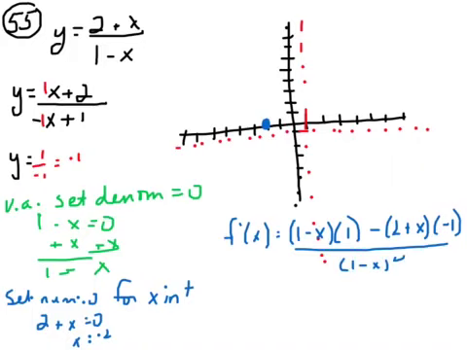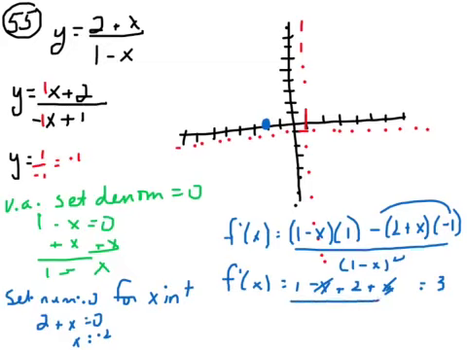Let's simplify this. It's 1 minus x, and this negative times this negative makes a positive, so it's plus 2 plus x. The x's cancel out, and I end up with 3 on top and 1 minus x squared on the denominator.